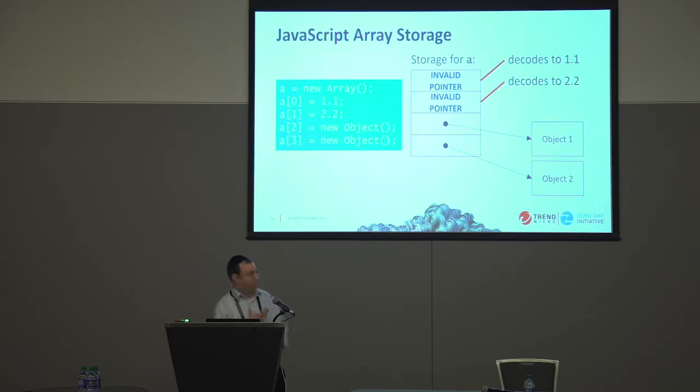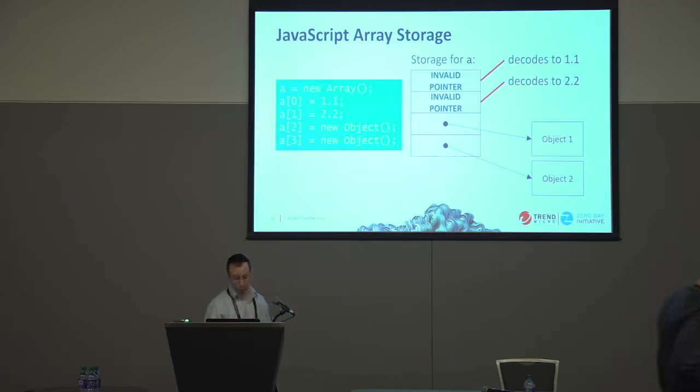When reading values out of this array, the engine can reverse the process. After reading an item out of the array's memory, it will check whether the value is valid to interpret as a pointer. If so, it knows that the value is intended as a pointer to an object. If not, it knows that the value is an encoded numeric, and it will then reverse the encoding to reveal the original numeric value.